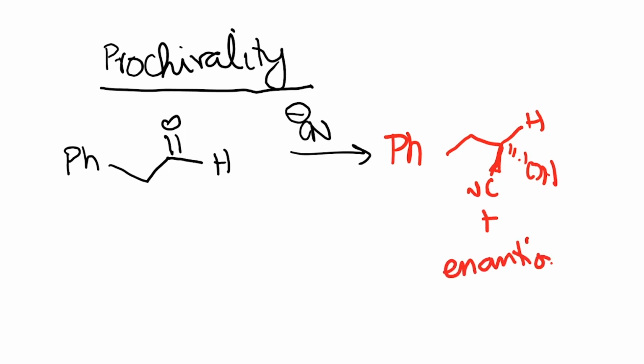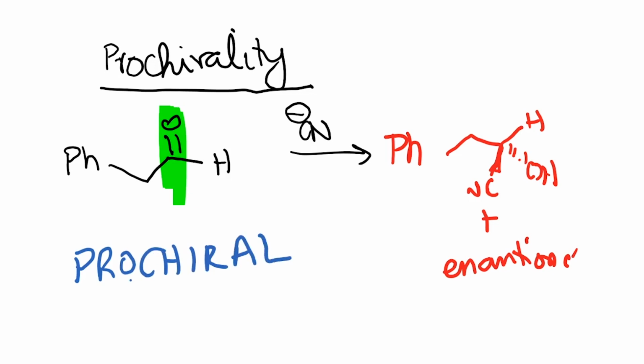So this is something that we looked at previously, and so I'm not going to repeat this. But this center, which is the carbonyl over here, is called a prochiral center. Okay, so this molecule is a prochiral molecule because it can form a mixture of enantiomers depending on which face the attack happens. Okay, now a prochiral center can also be defined in a different way.